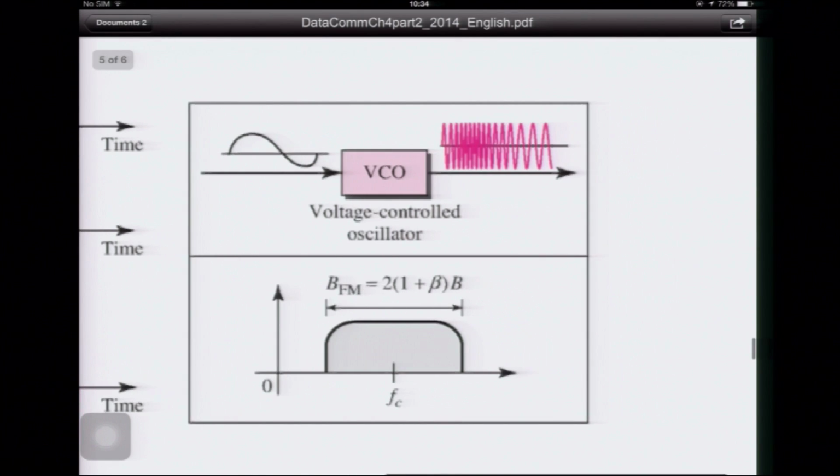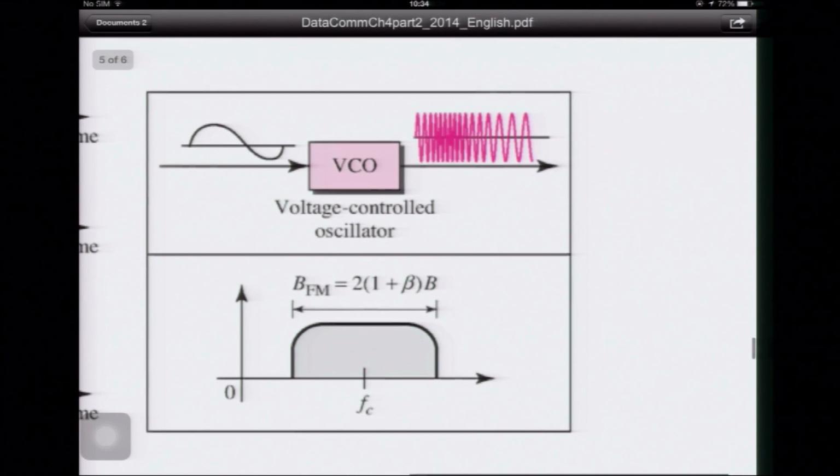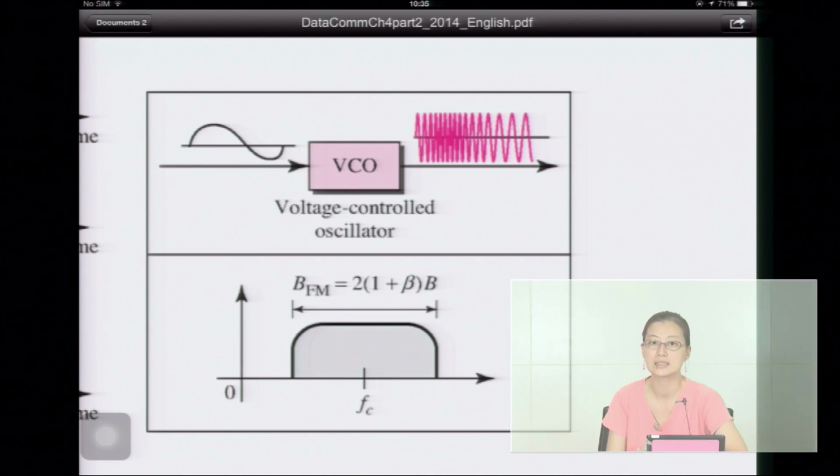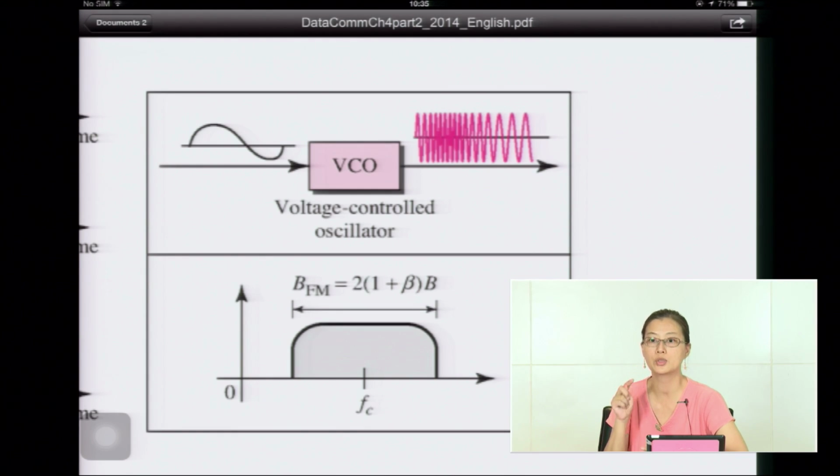When you want to generate this, okay, you can do it by sending the baseband signal, with this amplitude that you can see, into the voltage control oscillator, or VCO. The VCO is the device that will give you a signal with a frequency based on the amplitude of the input signal.